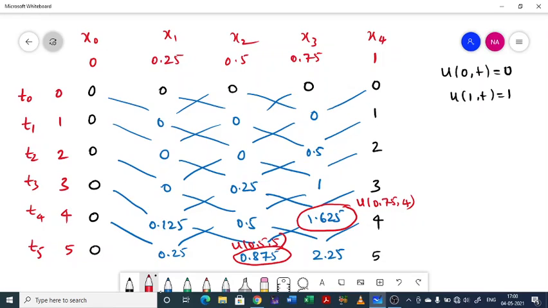U of 0.25 comma 4, this one. So this completes the solution of the equation.